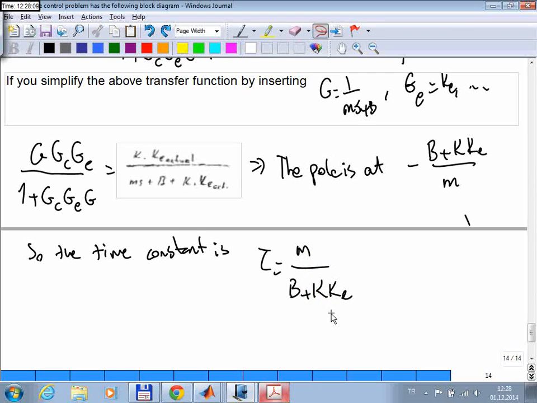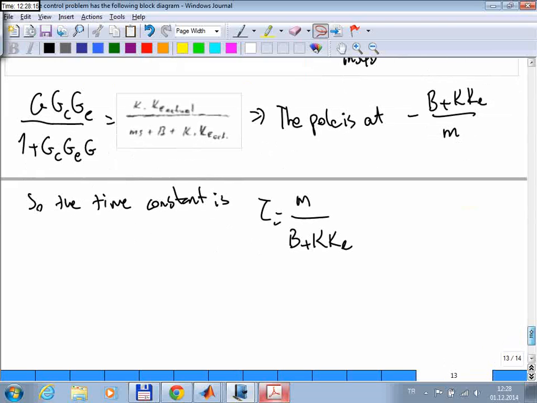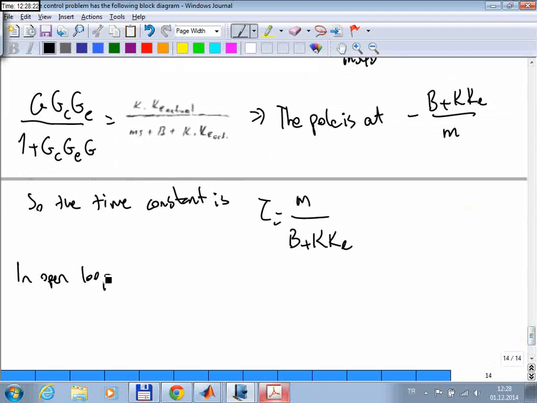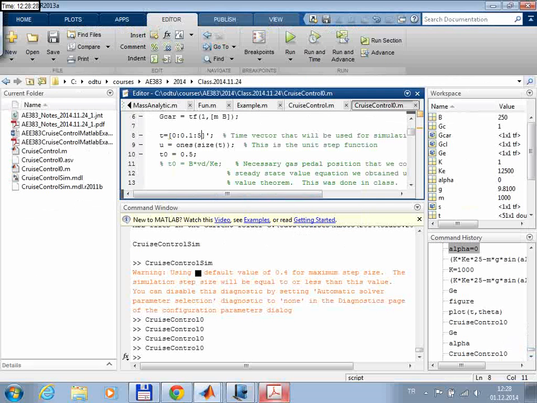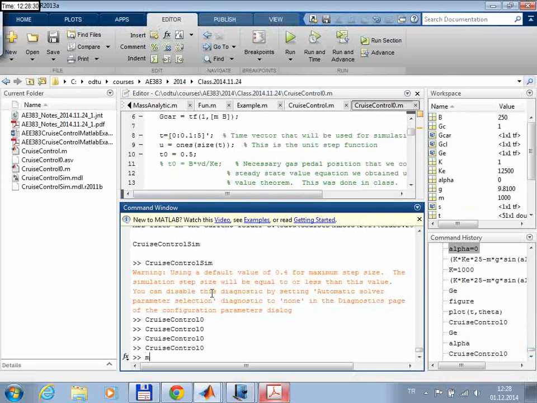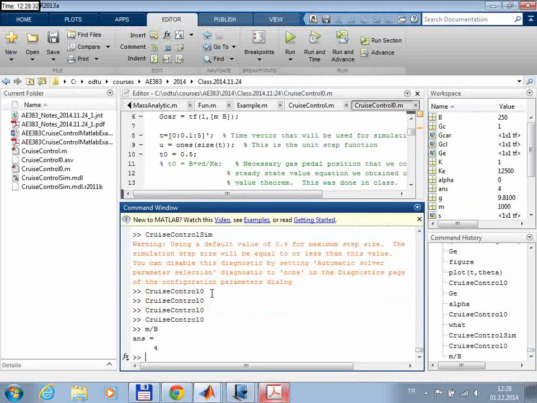So the controller can change the time constant of the system as well. So in open loop tau was equal to what? It was 4 seconds, right? Let me just make sure. It is 4 seconds.